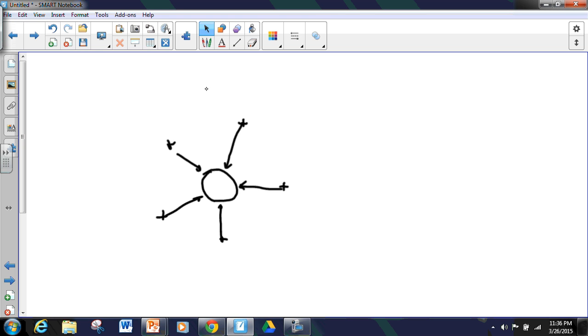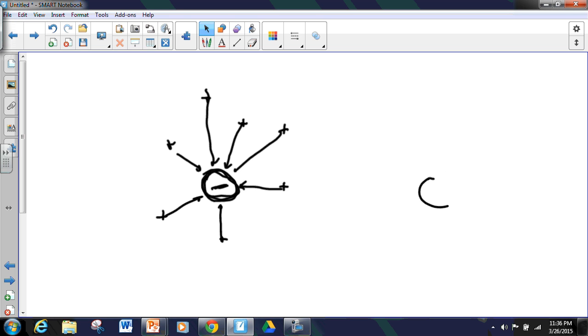The same thing happens no matter where I put this positive charge, it's pulled inward. What would you guess is the charge on this object? If you said negative, you're right, because it pulls the positive test charge towards it.